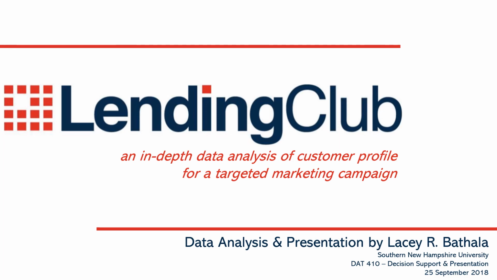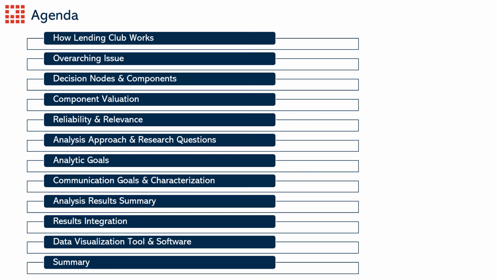Let's get started by looking at our agenda. We'll take a look at how Lending Club works, the overarching issue they would like to address, the decision nodes and components relative to that issue, and also the valuation of those components. We will then take a look at the reliability and relevance of the overall study, our analysis and approach for answering research questions.